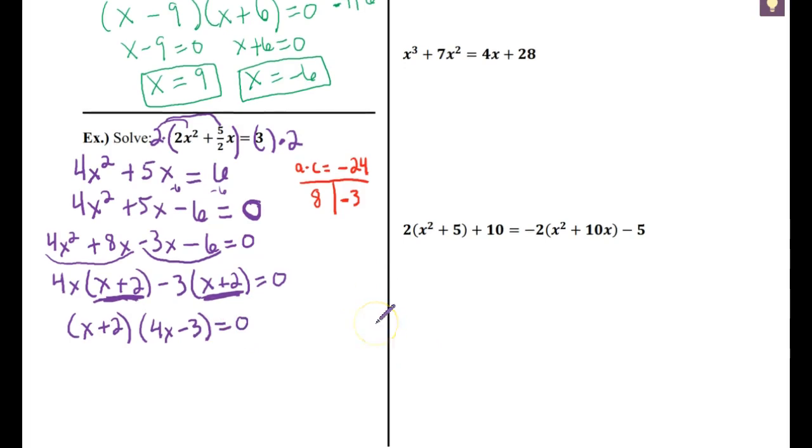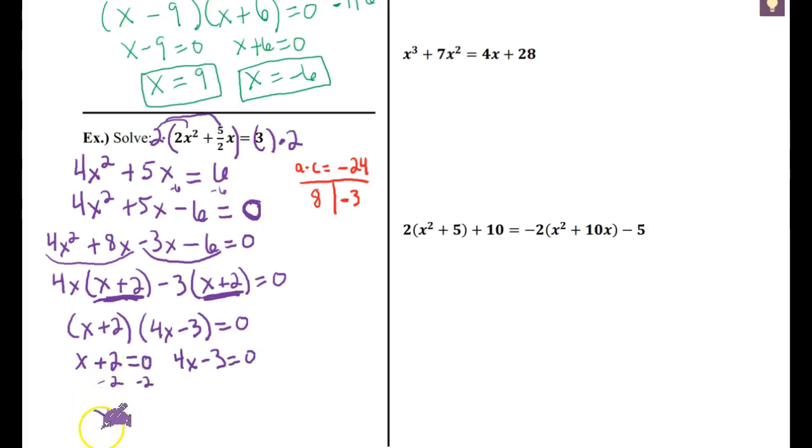Alright, so now I have it factored. I have to set each factor equal to 0. So x plus 2 equals 0, or 4x minus 3 equals 0. I have to solve each one for x. Over here it's nice, I just have to subtract 2 from both sides.